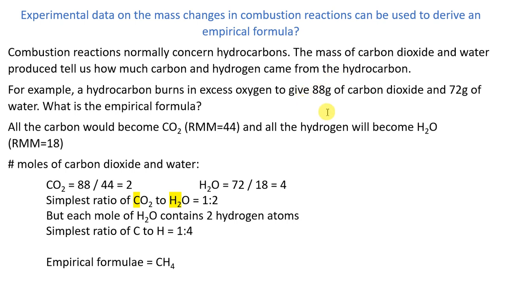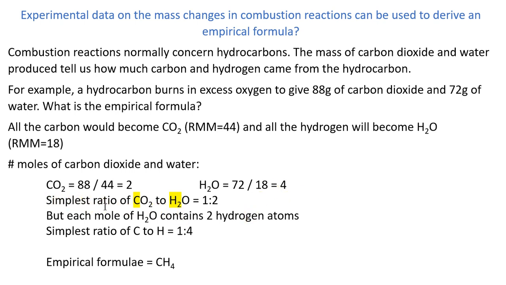Dividing by the mass that I have, 88 grams for the carbon, by the relative molecular mass gives me the number of moles of CO2 produced. Same for my 72 grams of water. Divided through by the relative molecular mass gives me 4.